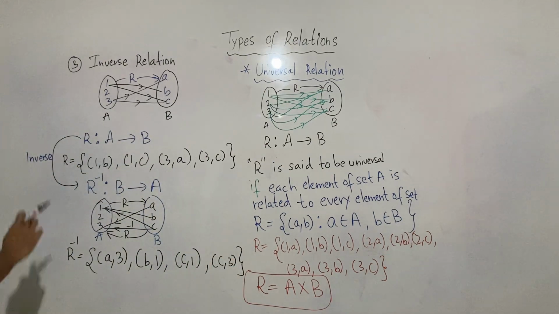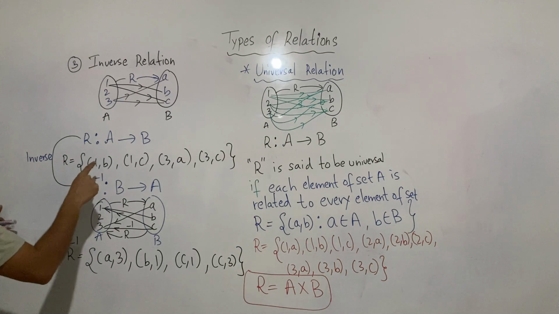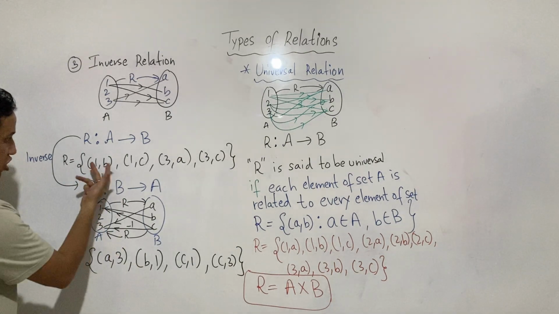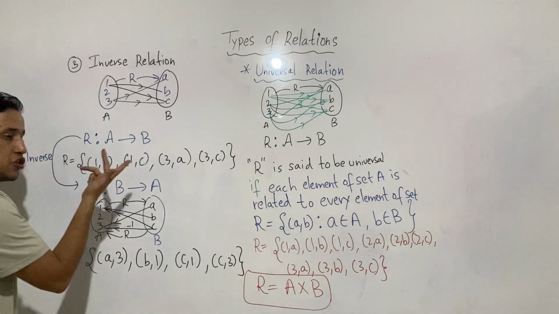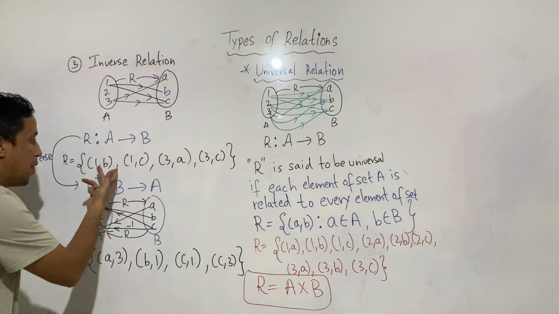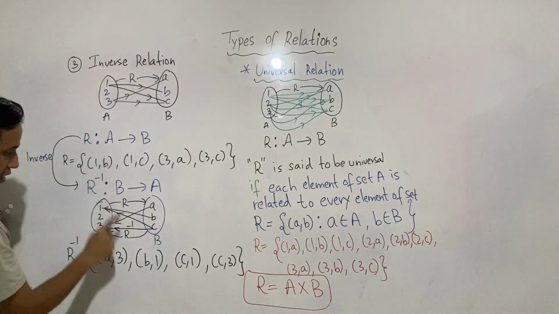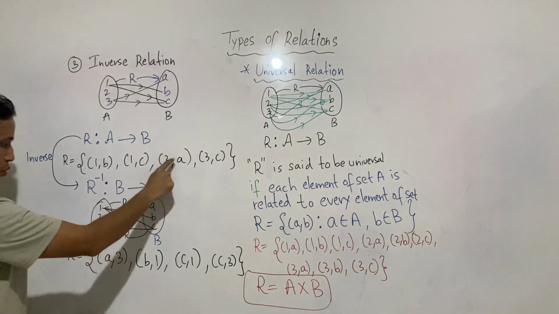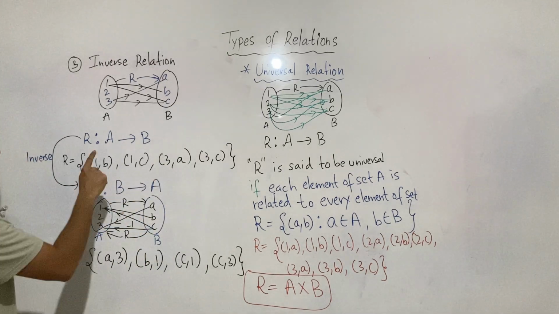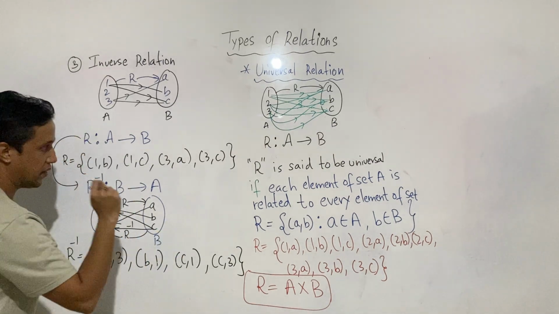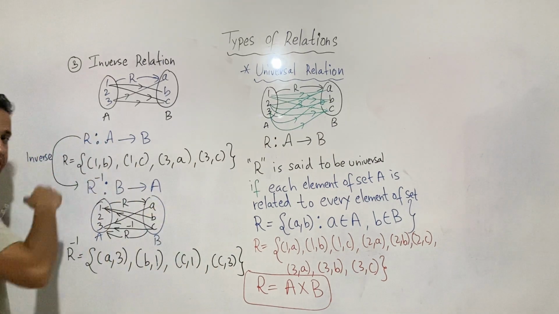Okay, so if you look at both these relations, this is the inverse relation. Now you can see the ordered pairs, they just have switched the places. The places are flipped. See here 1b, here b1, here 3a, here a3, here 1c, here c1, here 3c, here c3.